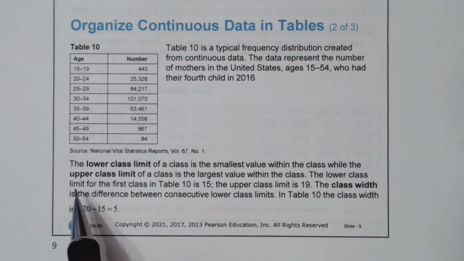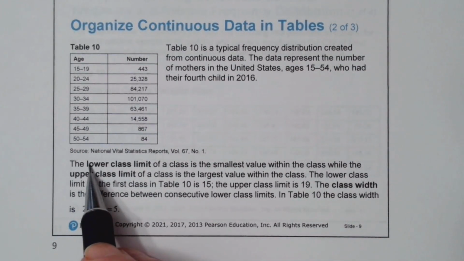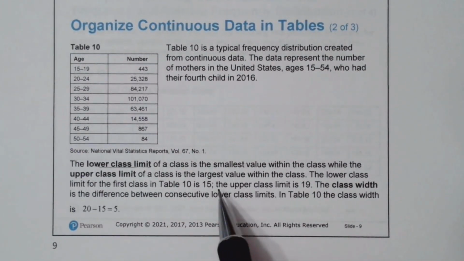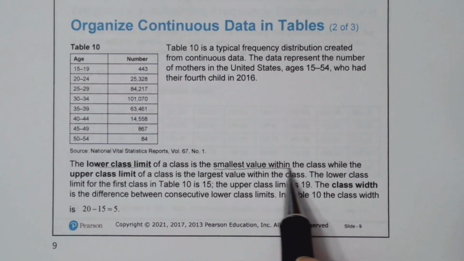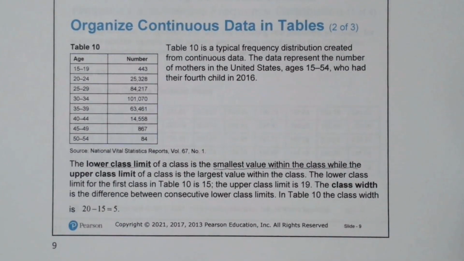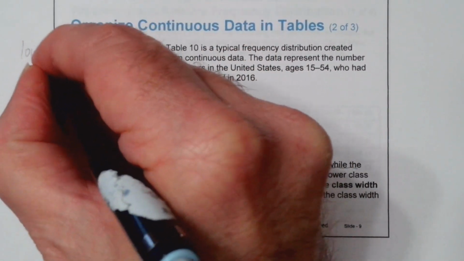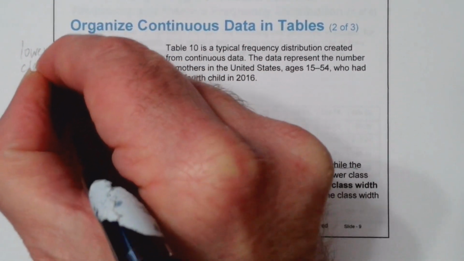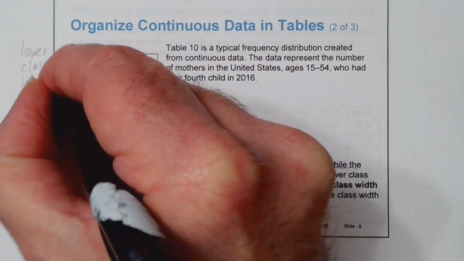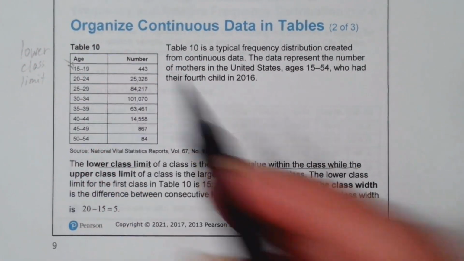All right, so it says the lower class limit of a class is the smallest value within the class, while the, let's go ahead and just point this out. So 15 would be the lower class limit for the first class here.